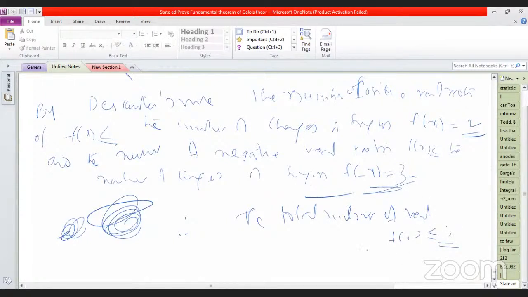By the intermediate value theorem, these 5 real roots lie in the intervals minus 4, 3, minus 2, 1, minus 1, 0, 1, 2, 3, 4.